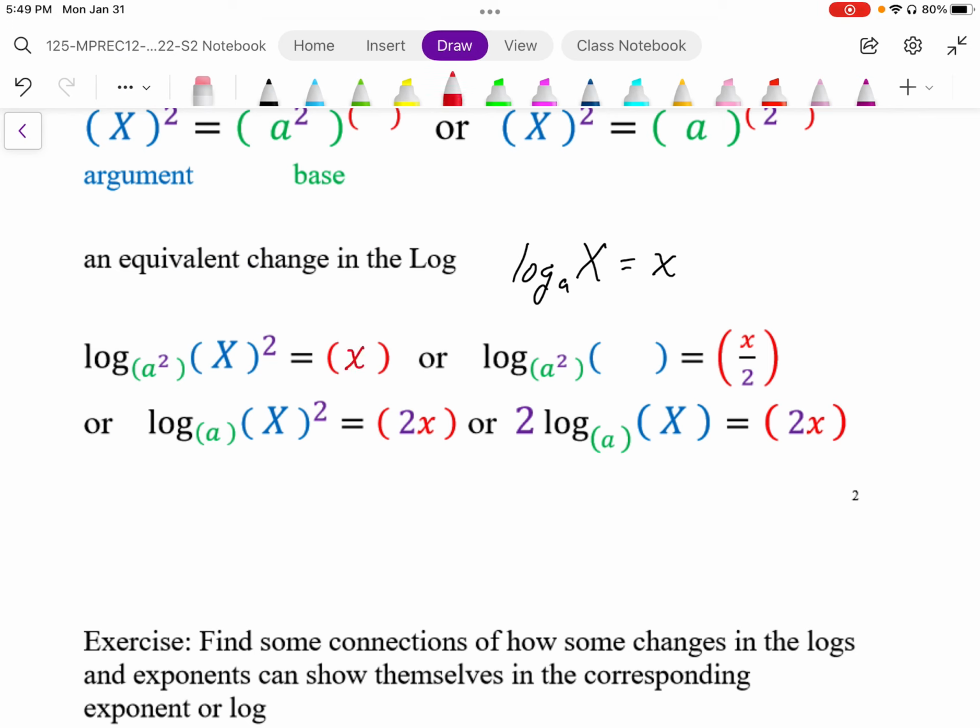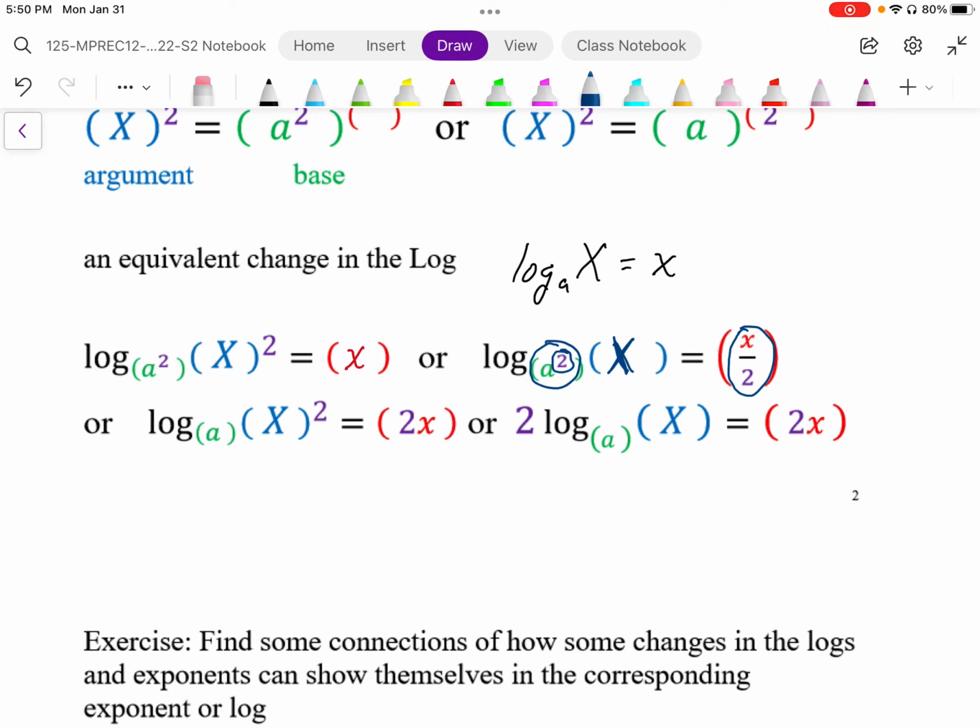If I want to make a change here, I've got my argument x. If I power the base here with this power 2, I can balance that off with a root on the other side. So this represents a root on the same side, because remember that this exponent goes with that base.